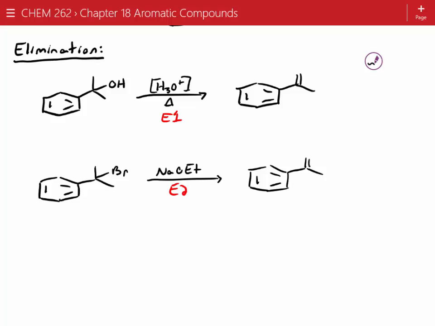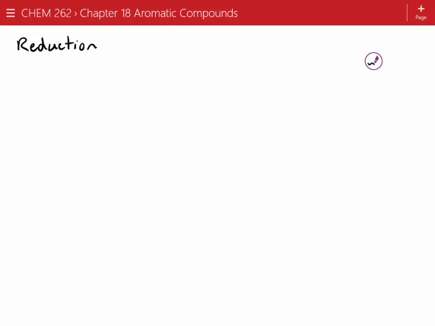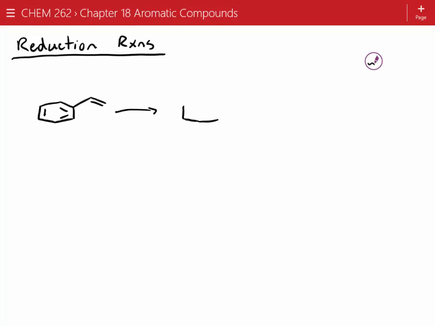Now where it starts to get interesting is with reduction reactions for these. So we already talked about oxidation. Let's say we've got styrene, and I want to reduce that exterior double bond into a single bond.